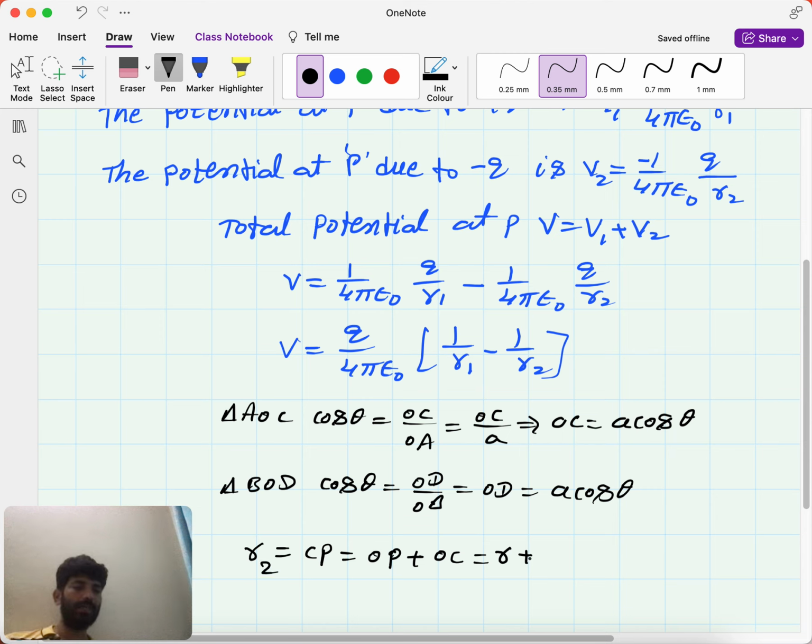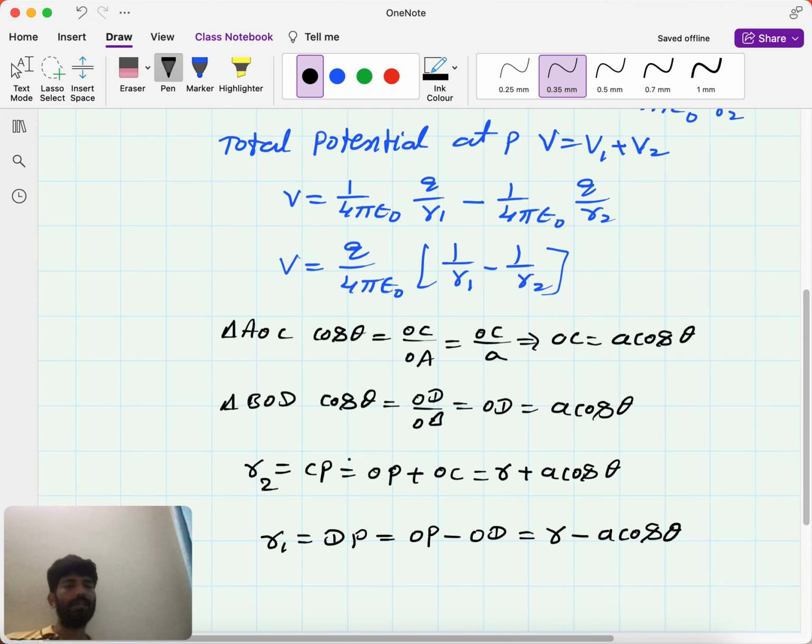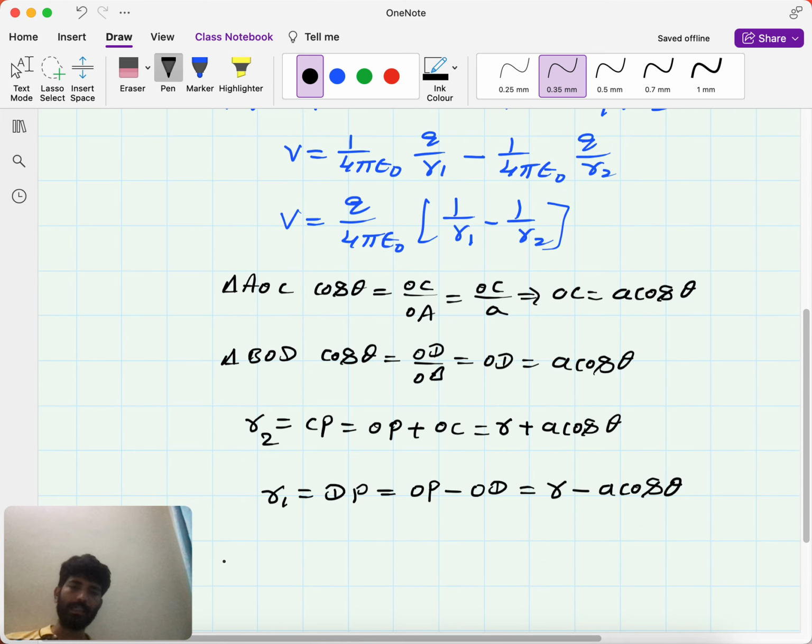OP is nothing but r, so that is r plus a cos theta. And r1 is represented by DP from the diagram, so that is equal to OP minus OD. OP is nothing but r and OD is a cos theta. So this gives the r1 and r2 values. Now we can substitute directly in the above equation.